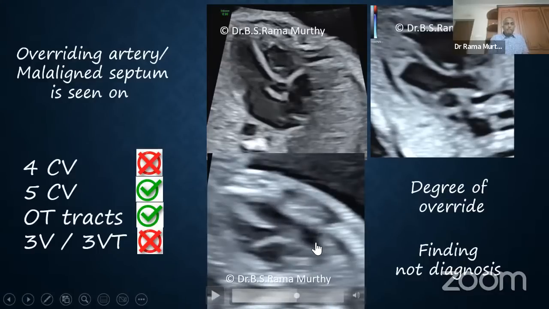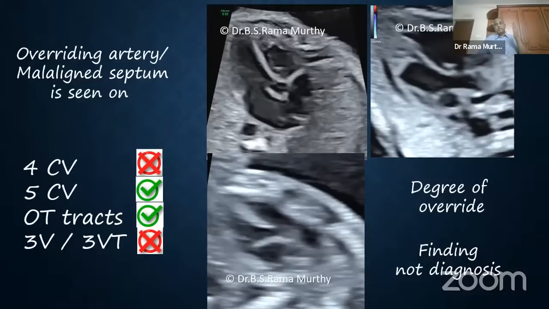So we look for the overriding of the aorta basically in the 5-chamber view and in the outflow tract, specifically in the LVOT version of the outflow tract.